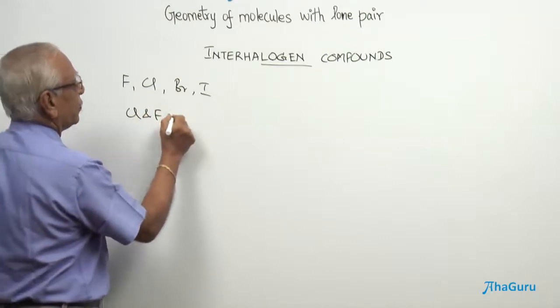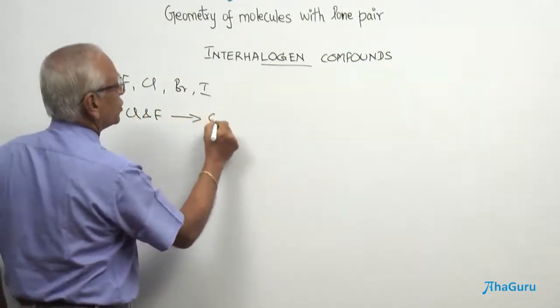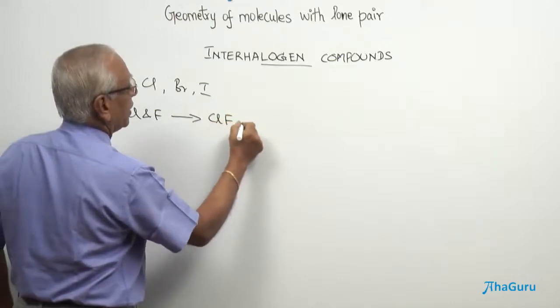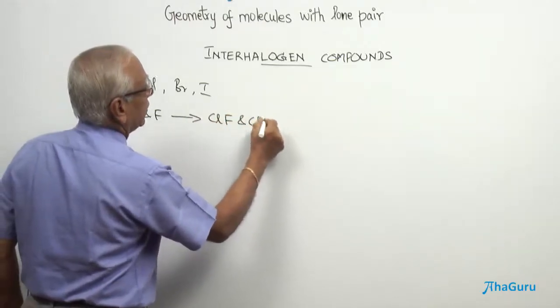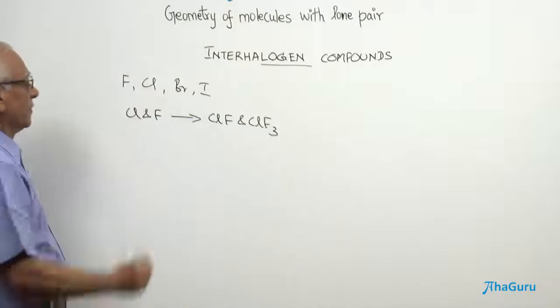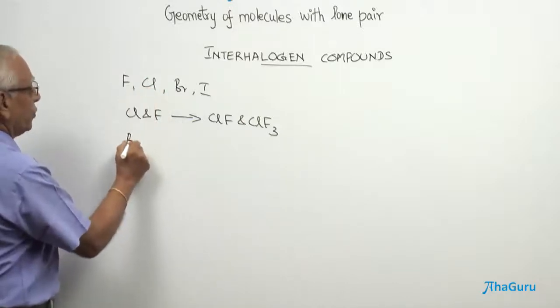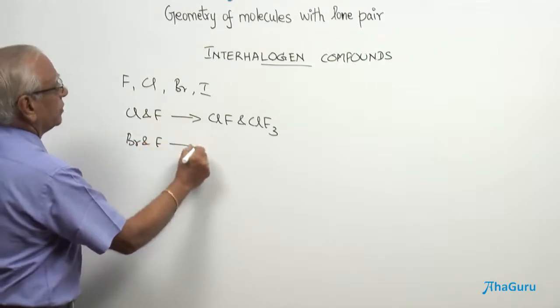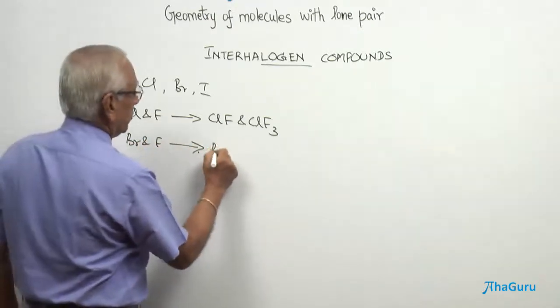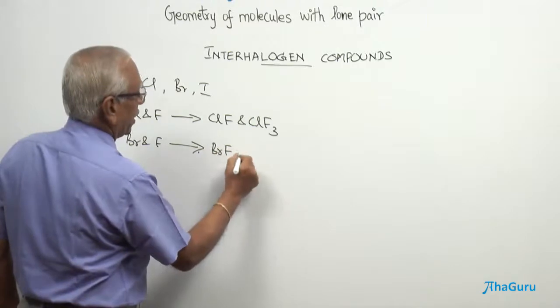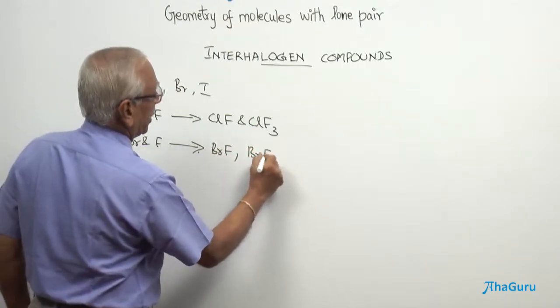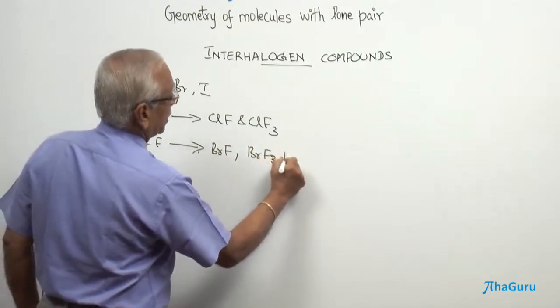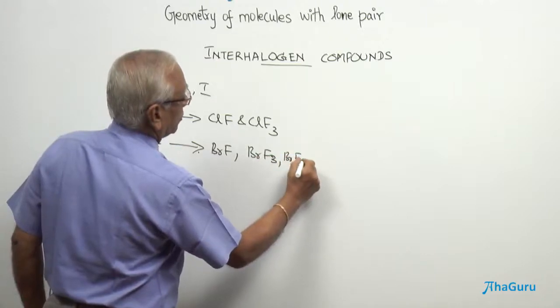Chlorine and fluorine can give rise to two compounds, namely ClF and ClF3. Bromine and fluorine can combine together to form BrF, BrF3 and BrF5, three compounds.